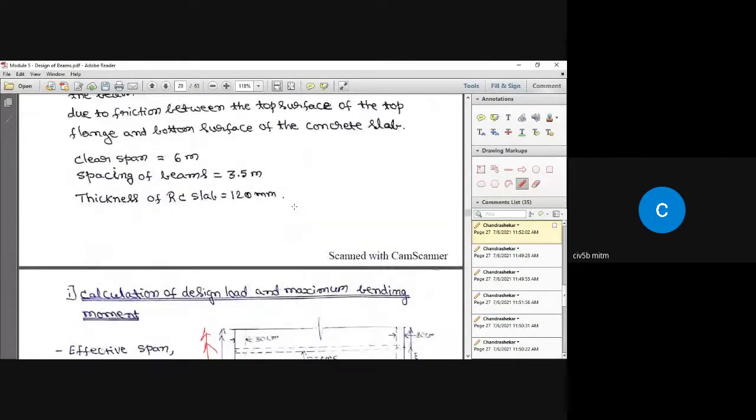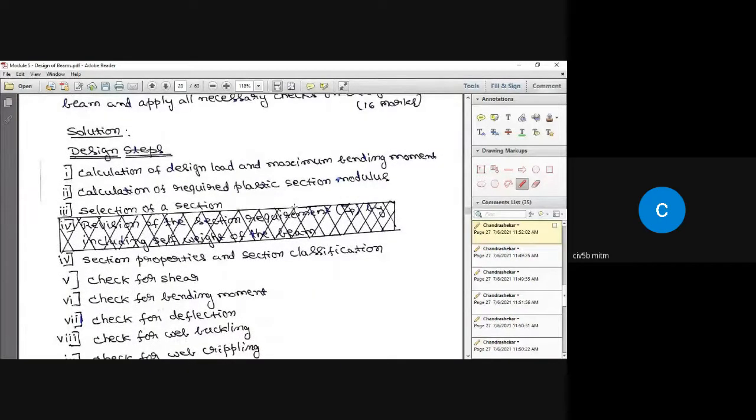So going with the different steps of the design. Calculation of design load and maximum bending moment. Again, as I said, the maximum bending moment is from factored load. The load was given in the previous problem. We simply had to find out the design bending moment, or maximum bending moment, by using the formula WL square by 8.